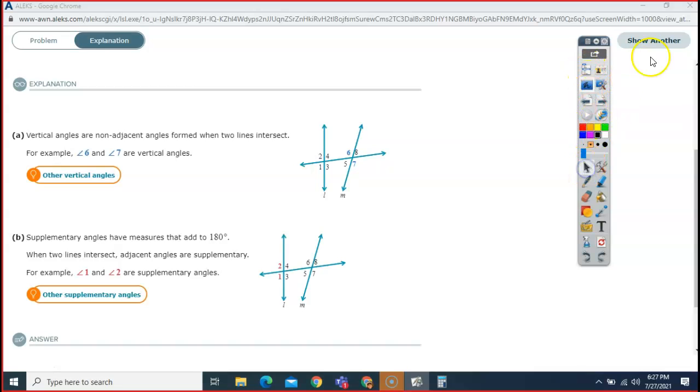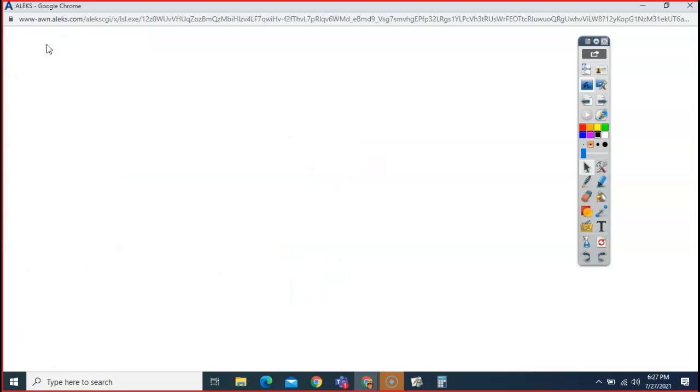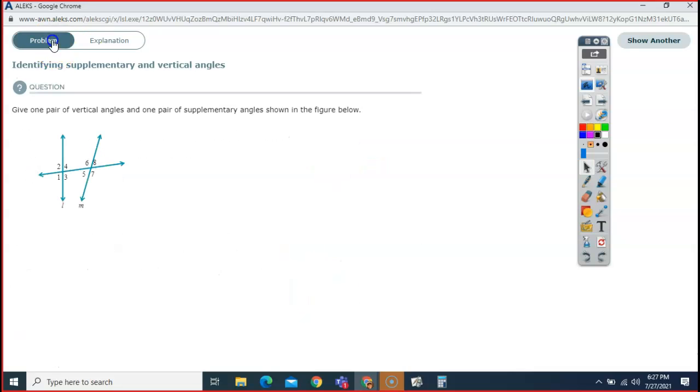All right, so let's do another without the explanation. You tell me. Okay, so this is what we got. Can you see this okay? Yes, ma'am. Okay, so what would you call out for 2 vertical angles? Just give me 2 angles that you think are vertical.